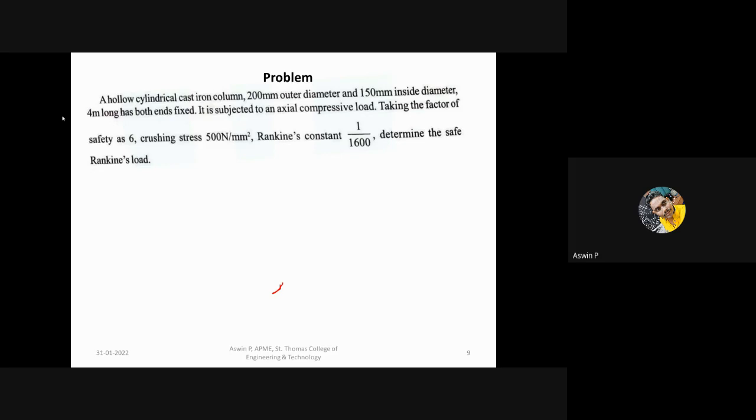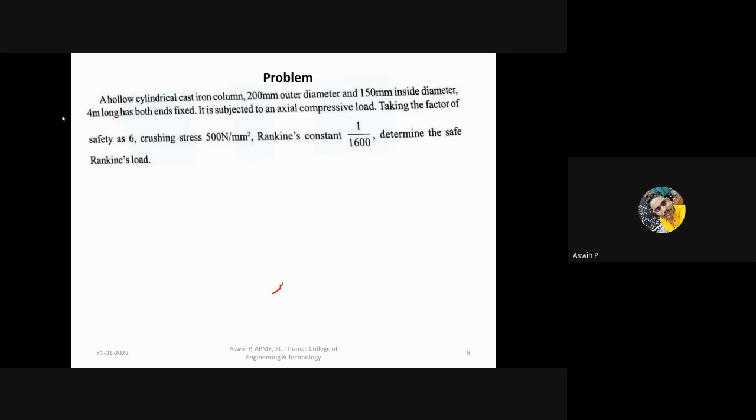Or in the case where one end is fixed and the other end is hinged or pinned, you need to take LE as L by root 2. So L is given as 4. 4 by root 2 will be the answer. And you know that 2 into 2 is 4, so 2 into root 2 divided by root 2. So the final answer will be 2 root 2. That will be the effective length.